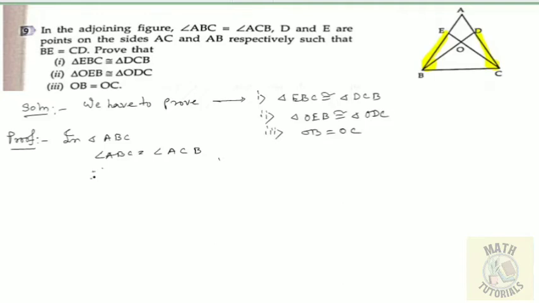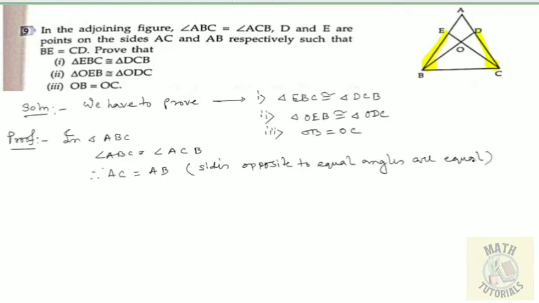Therefore we can write angle ABC is equal to angle ACB, so AC is equal to AB, because we know that sides opposite to equal angles are equal.